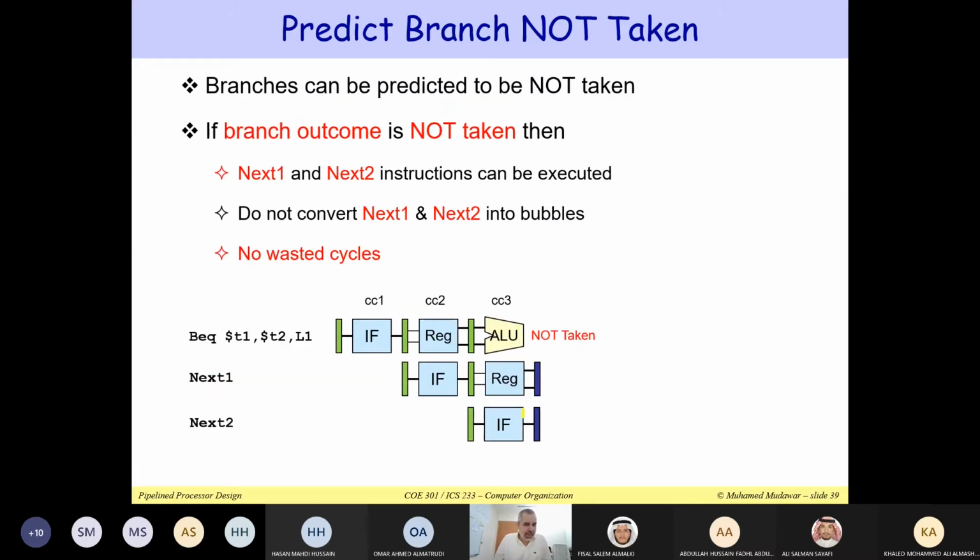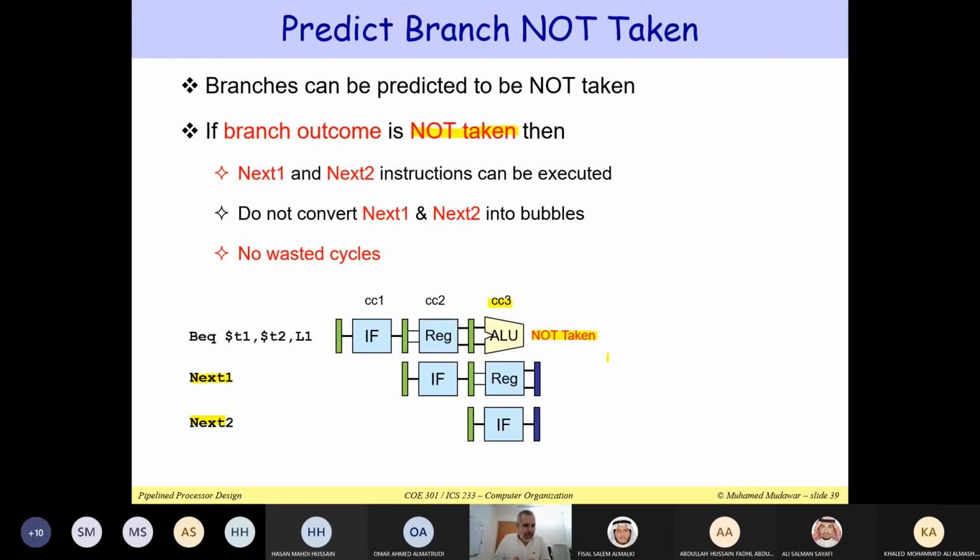This is actually shown here. We call it predict branch not taken. In other words, if the branch outcome is not taken, next one and next 2 have already been fetched. By the end of clock cycle number 3, we know this. We have computed the outcome of the branch, and we know that the branch is not taken.